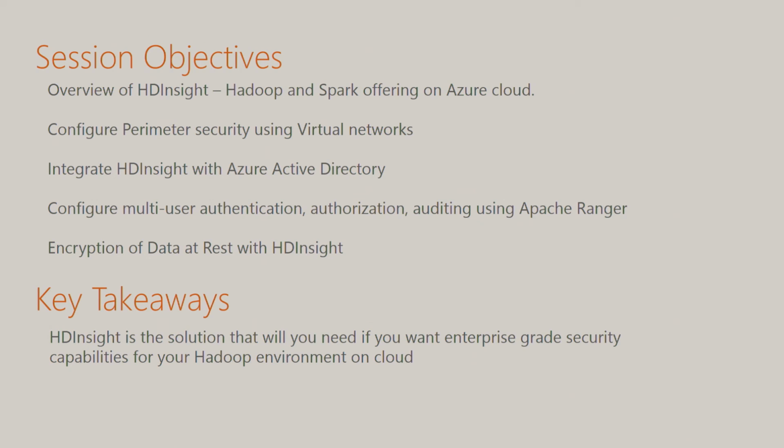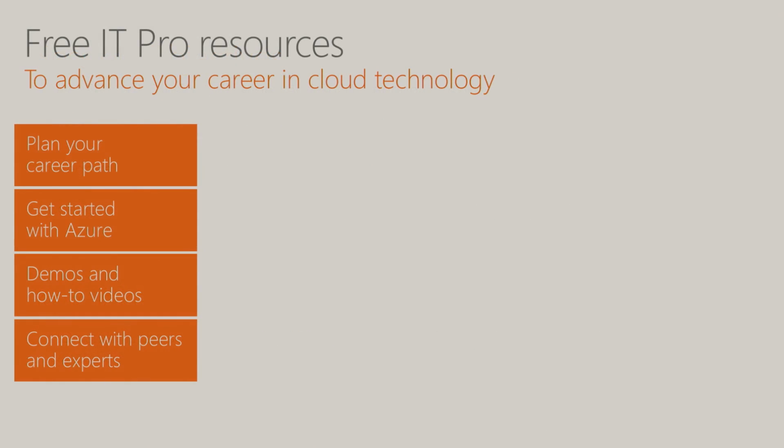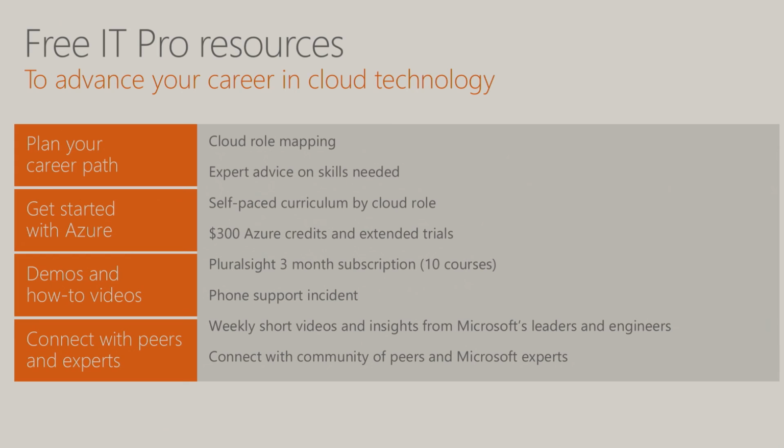And lastly, we saw encryption of data at rest with HD Insight. And I hope I send you back with just one key takeaway, that HD Insight is the solution that you would need if you want enterprise-grade capabilities for Hadoop on cloud. Thank you, and have a good day.